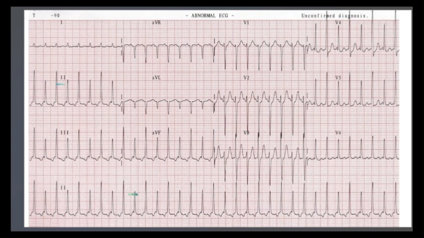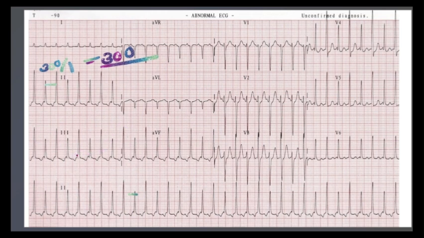If you look at this diagram, it's clear. The rhythm seems to be regular. And what about the rate? It's one box, so 300 divided by the number of boxes, so it's approximately 300. Now let us look at the P wave.